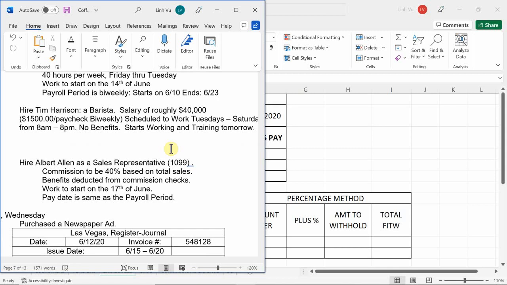Well, it said the benefit is deducted from the commission check. He is an employee because he's a 1099 employee, but that's an independent contractor. It's just a different type of employee. Now, here's one thing that you have to know. He's technically not an employee.